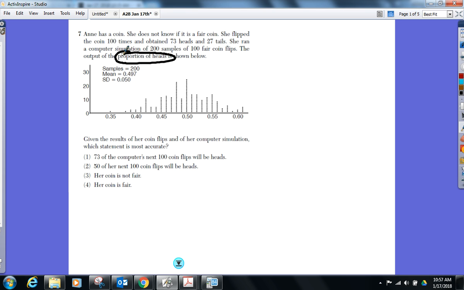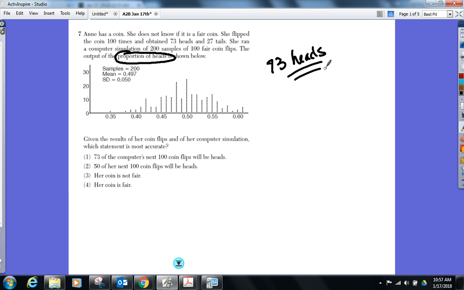When she did it by herself, her own 100 flips, how many heads did she get? She got 73 heads, right? Do you notice anything about the number of heads in the simulation? What's not on there? Oh yeah, 73 is not even on the simulation when I did it 200 times.